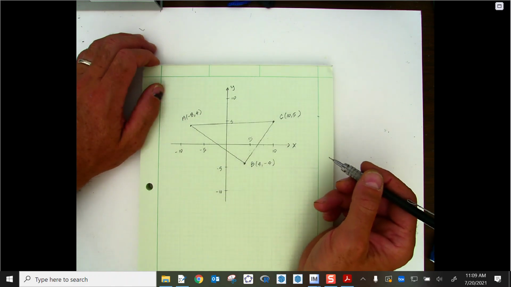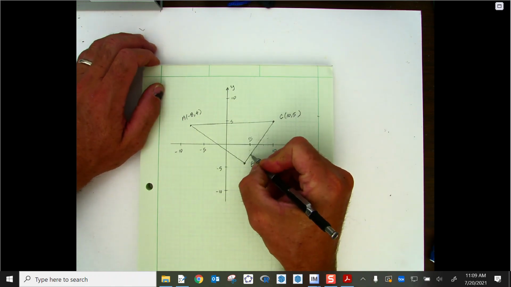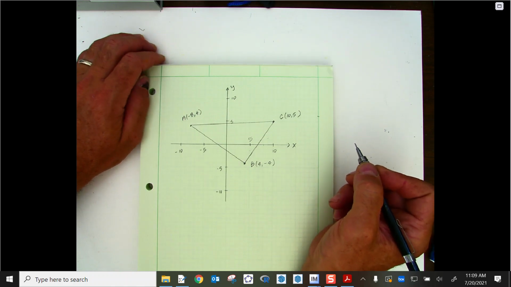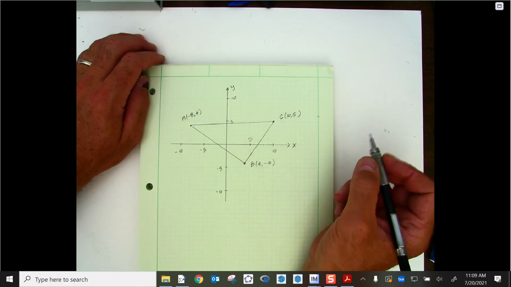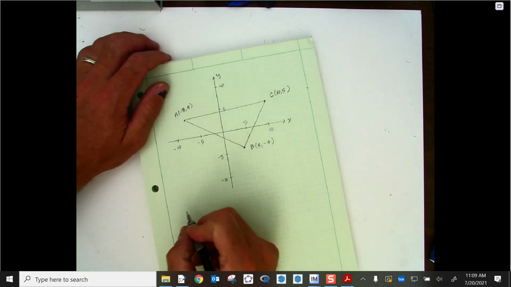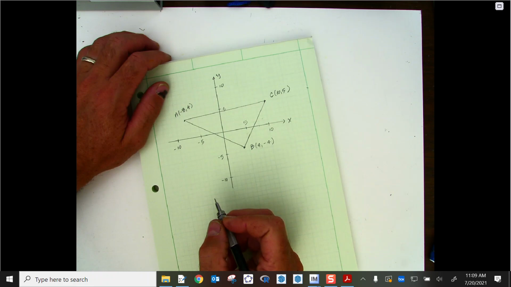So we're going to use an analytic approach to figure out what type of triangle we have here. Let's start by finding the distances for each of the sides.